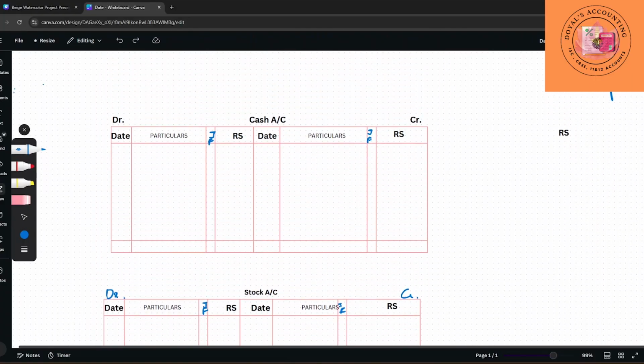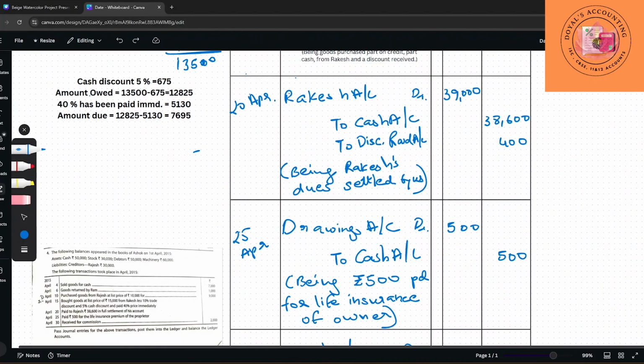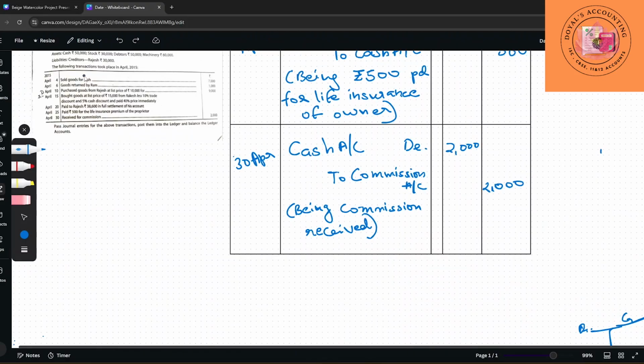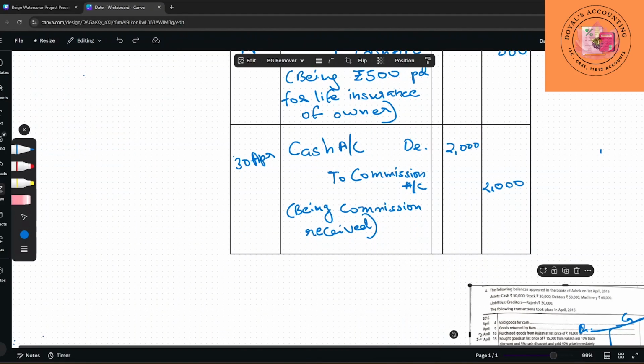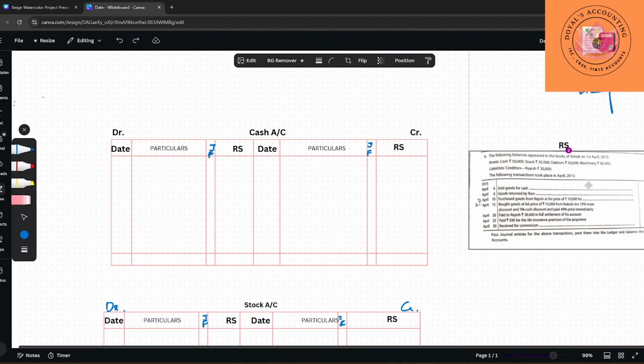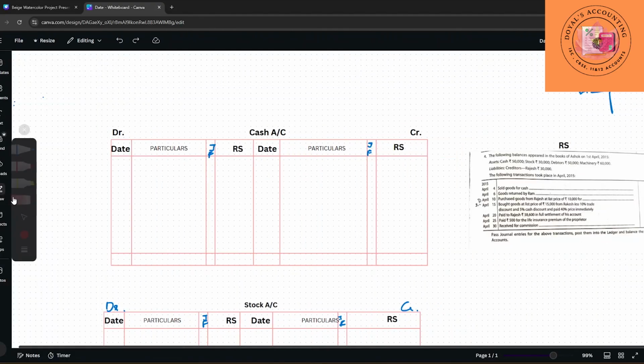Now, let's quickly write down the opening balances. Ledgers are also called T-shape accounts because it's just a T on the basis of which these accounts are drawn.